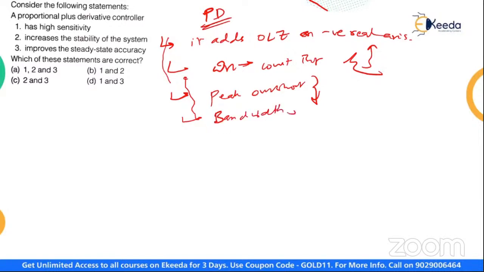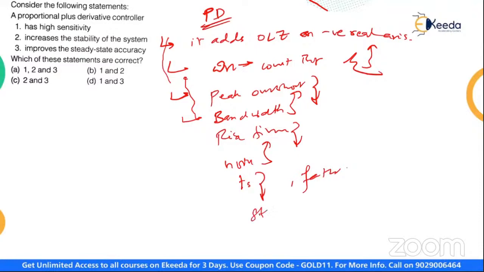What did I say? Bandwidth increases. Rise time that your system takes reduces. Then effect of external noise increases. Settling time Ts decreases, that is, response becomes faster. And your stability is improved. And your steady state error also decreases. So basically, all good things are happening, correct? And since it is PD derivative control, this is mostly acting on the transient response part, correct?